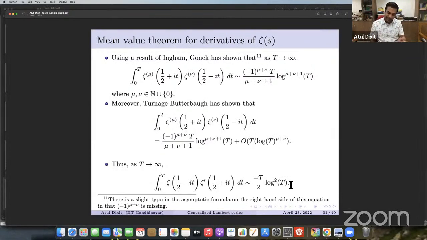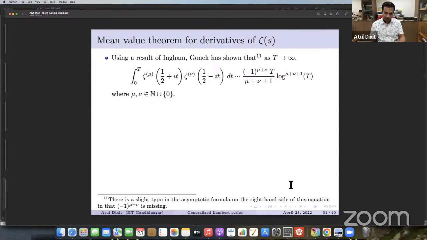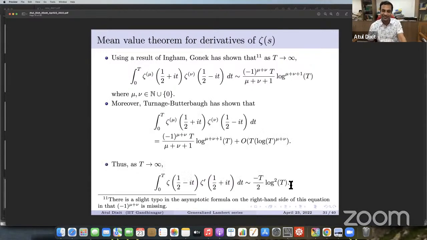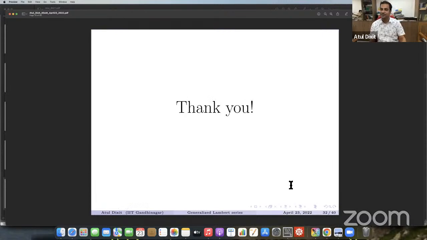But what is in addition available in our work is that not only the leading term, the full asymptotic expansion one can get with effectively computable constants. Unfortunately, I don't have time to go over that. So with this, I will stop. Thank you.